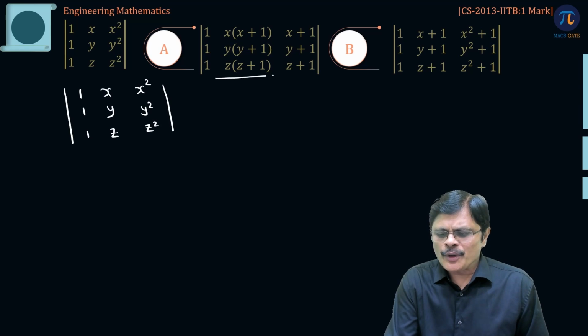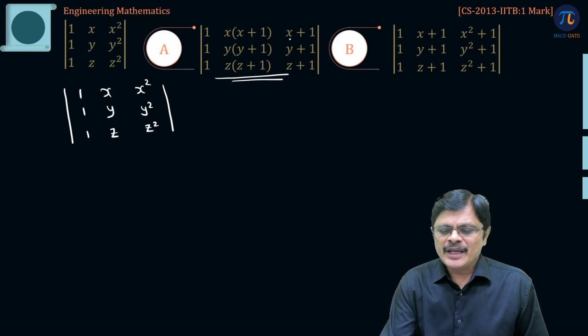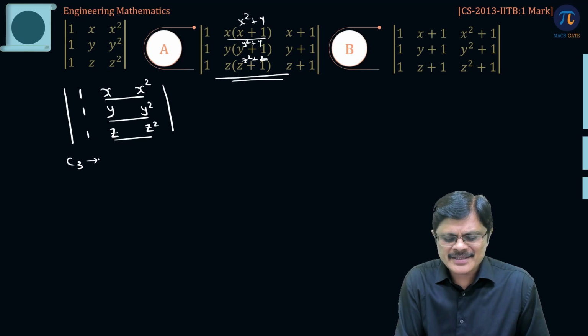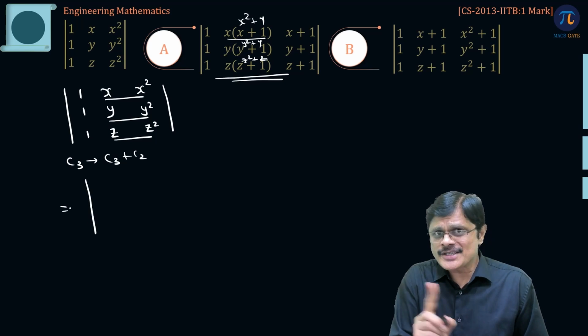Actually, I want to get option A. If you observe option A, if you expand, it is x square plus x, y square plus y, z square plus z. This is obtained by adding these elements. So what we are doing is column 3 becomes column 3 plus column 2, and it will not change the determinant.